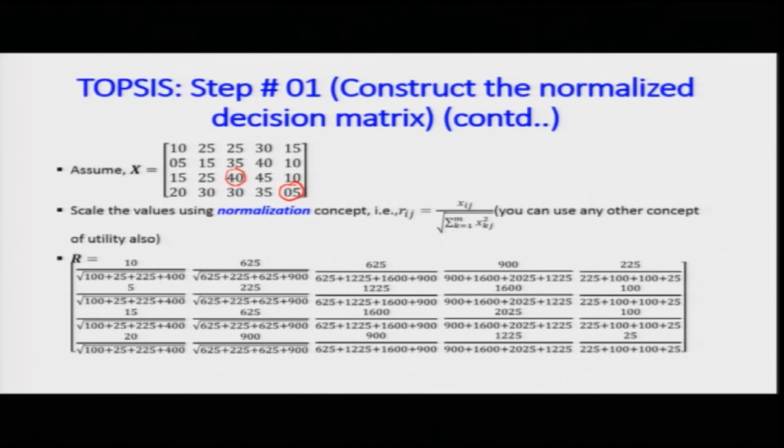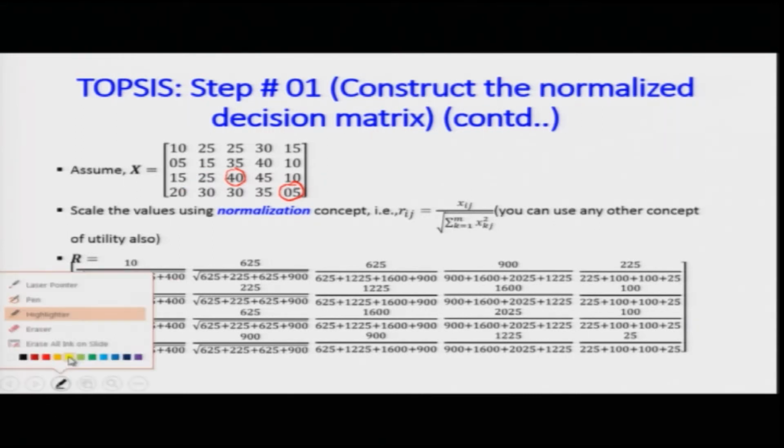Now, here I have given these values, but I have used two different calculations to help you understand. In this case, if you find the square root, the values would be 10 divided by the sum of squares: 10 squared is 100, 5 squared is 25, 15 squared is 225, and 20 squared is 400.